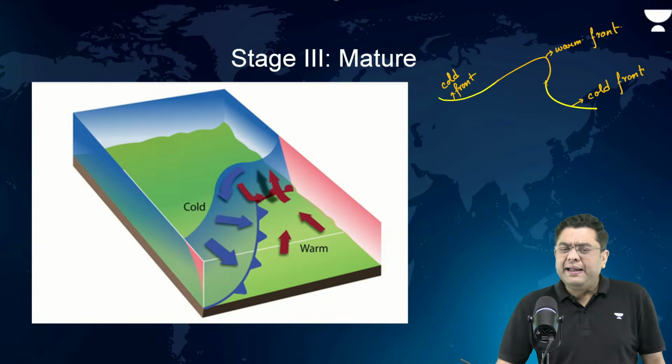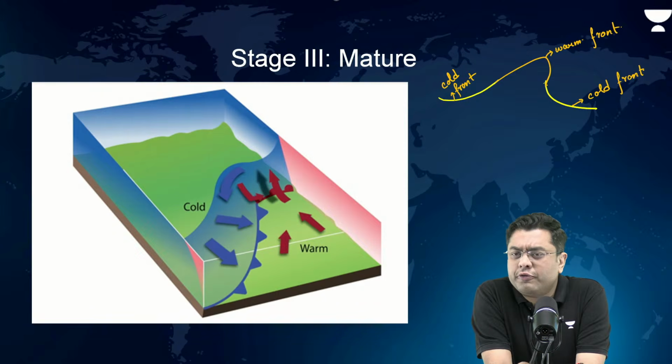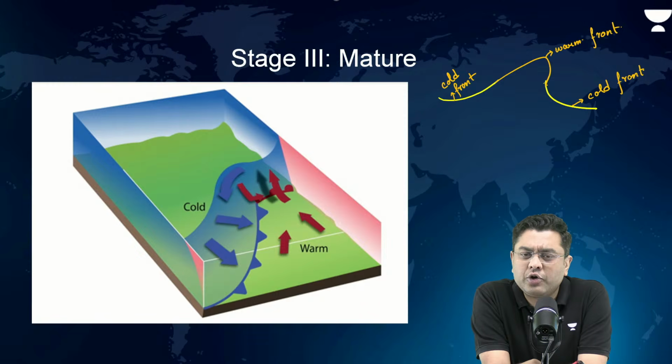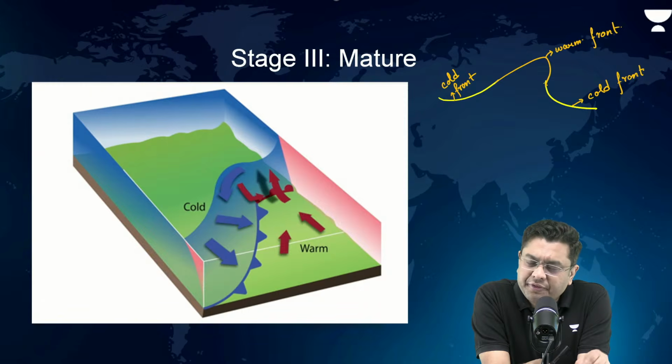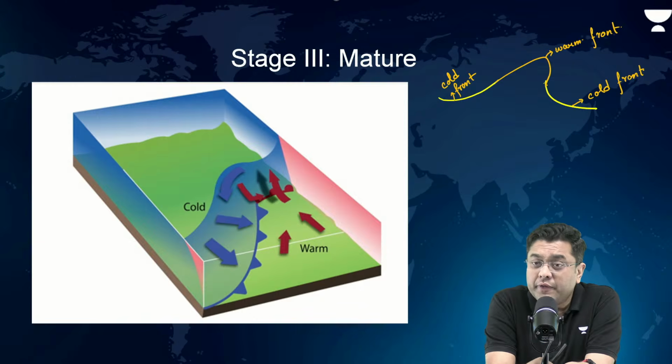Now, by the way, I have shown you the image of warm front and cold front, and animations of warm front and cold front also I have shown you. Where do you think that the front is more steep out of the warm and the cold front?